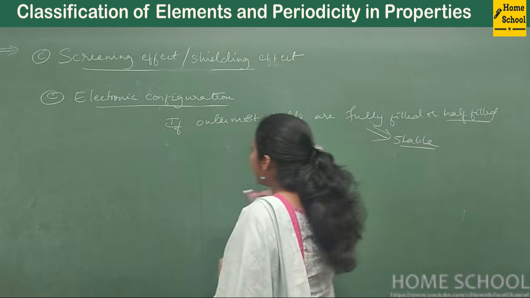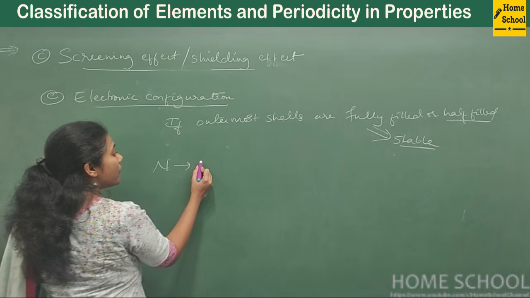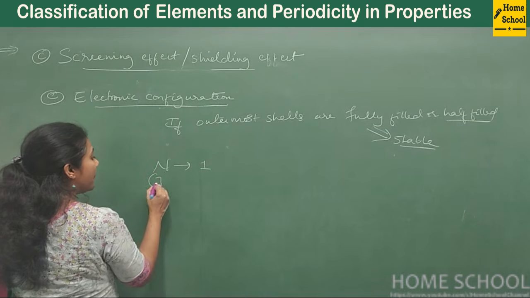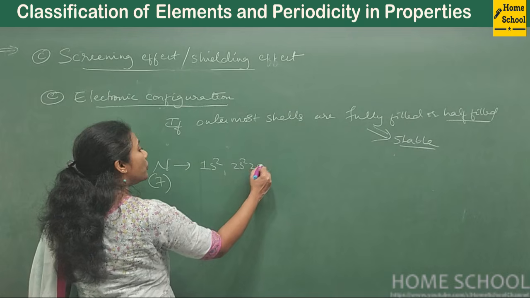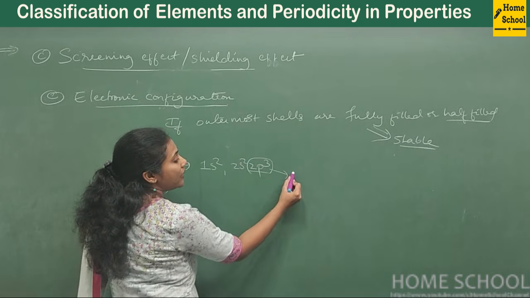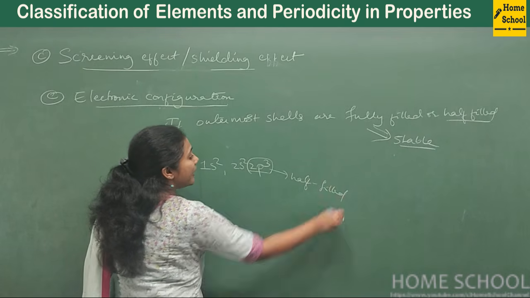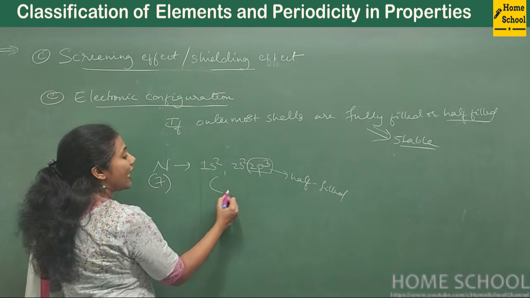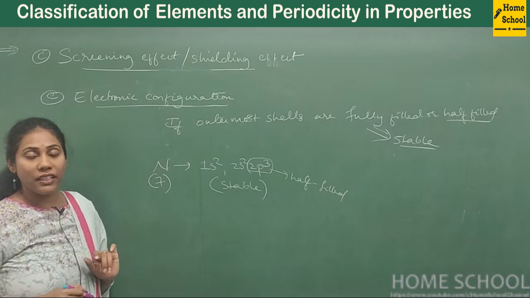For example, you take nitrogen. If you write the electronic configuration of nitrogen, atomic number 7, 1s2, 2s2, 2p3. You see here, p orbital is half filled, right? So definitely I can say that this is a stable electronic configuration.